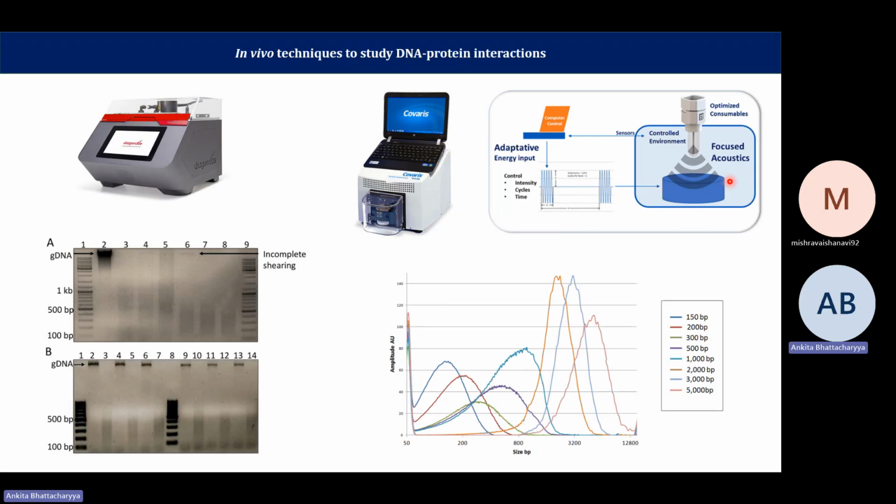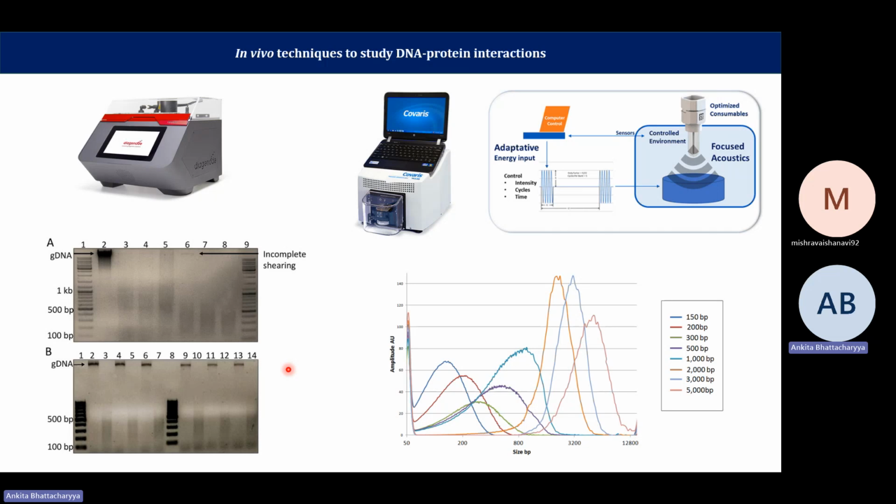Again, how do you know what is the correct parameter that needs to be set? You will have a lot of protocols available online, so you can standardize that based on your requirement. Then this is what the gel can possibly look like after you have performed shearing.